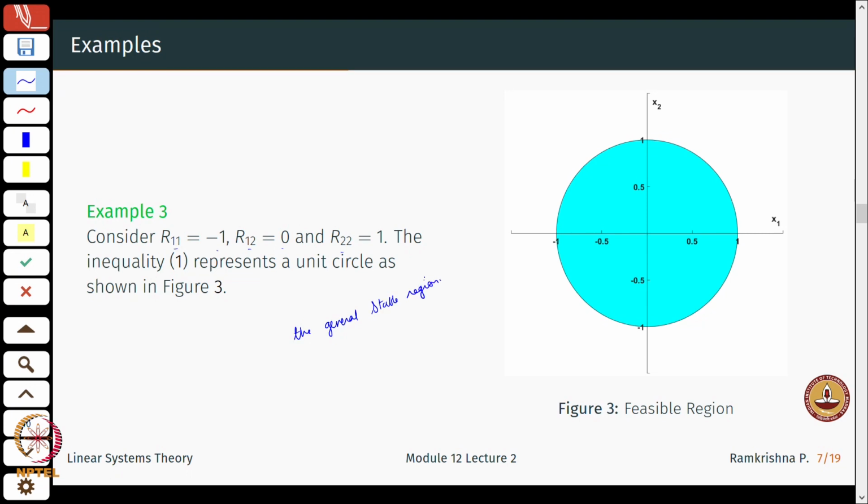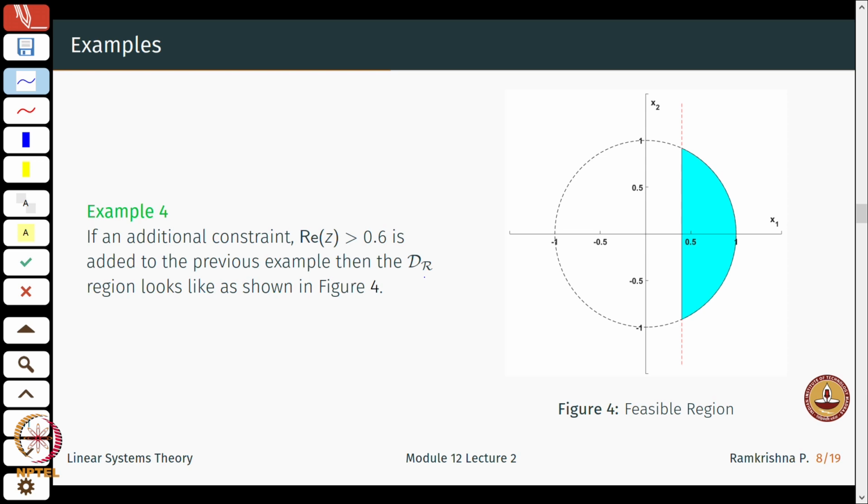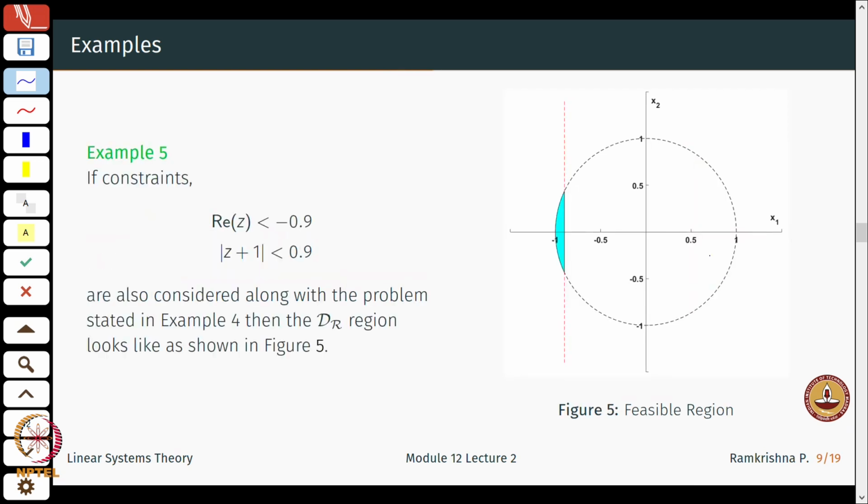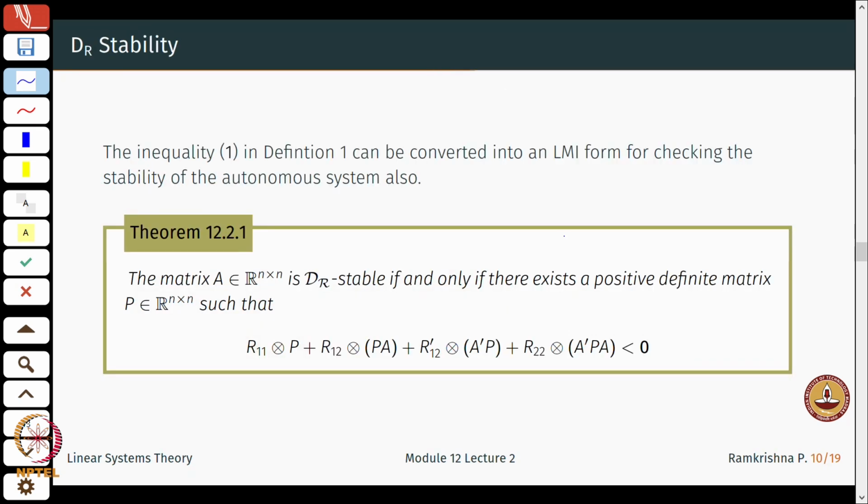Some other examples: if I just add a constraint saying that the real part of z is greater than 0.6, in addition to the constraints here, then I get this new D_R region, the region in blue here. Similarly, I can restrict to several other regions of the z plane or of the unit disk. All these constitute D_R regions.